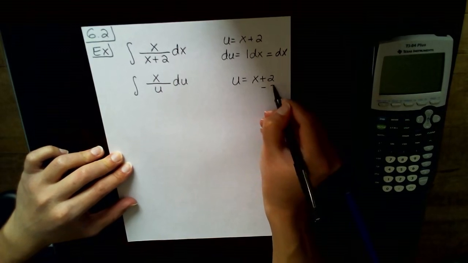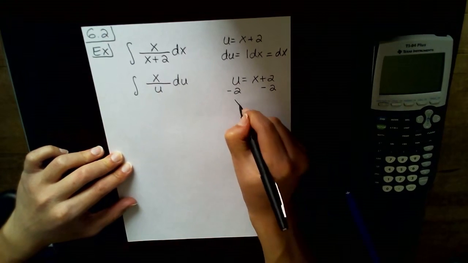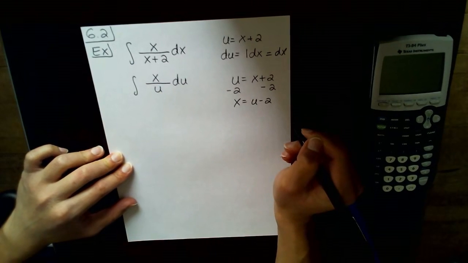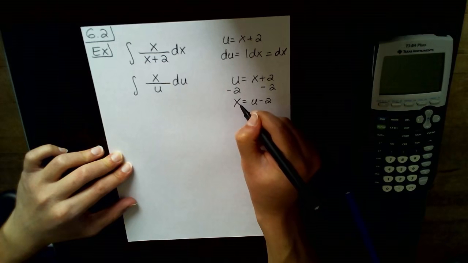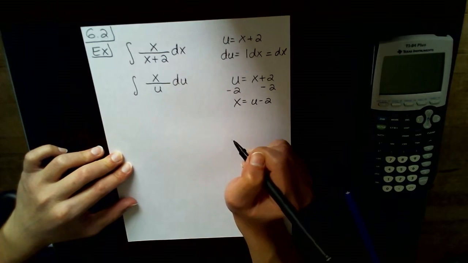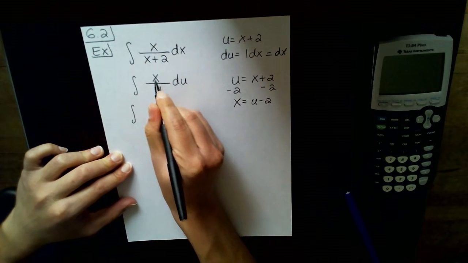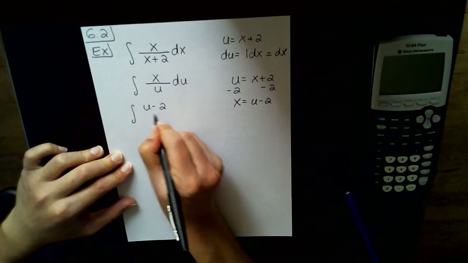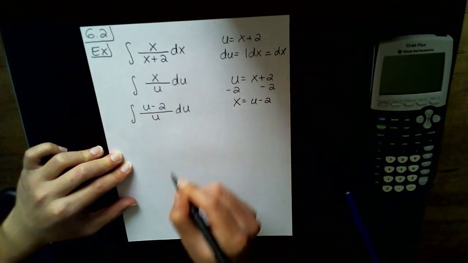Well, if we subtract 2 from each side, we get x equals u minus 2. And now we can substitute that in for our x value, giving us the integral of x is now u minus 2 over u du.